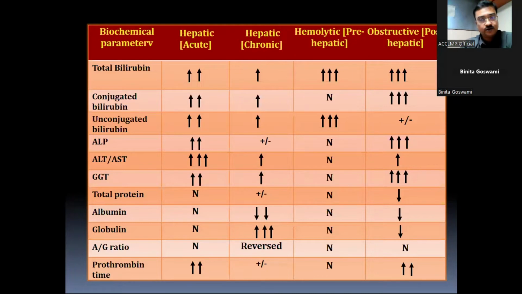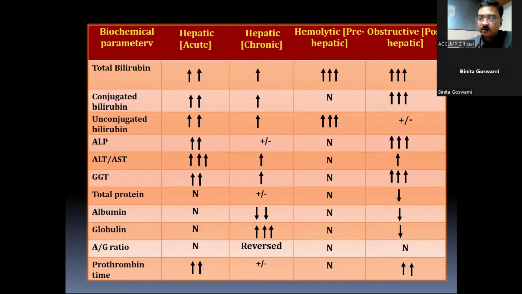So there is a confusion that happens very frequently, because we always know that hepatitis leads to unconjugated hyperbilirubinemia, but it's not so. In the initial part of the hepatitis, when the liver cells are just destroyed, it is a mixed bag, because most of the bilirubin was getting conjugated inside the liver cell.